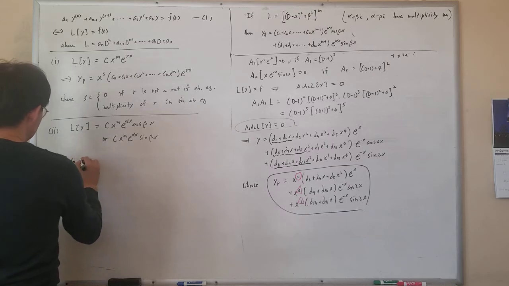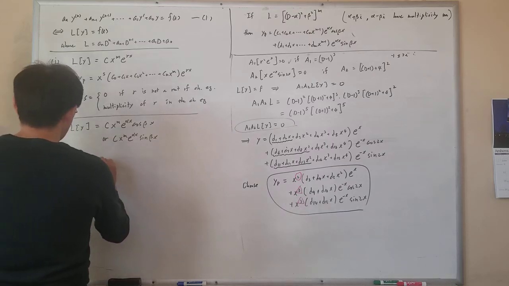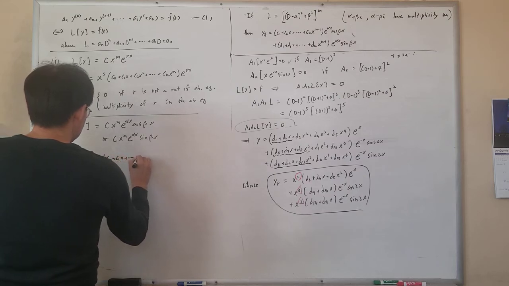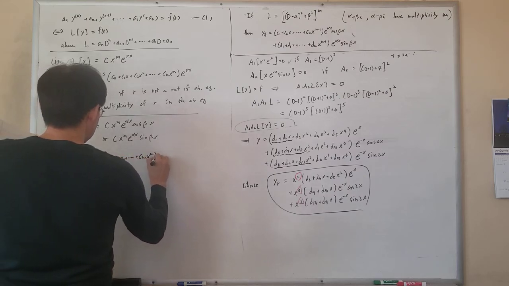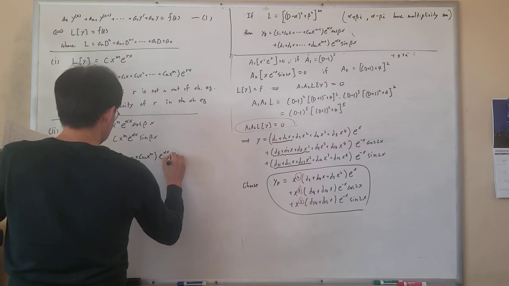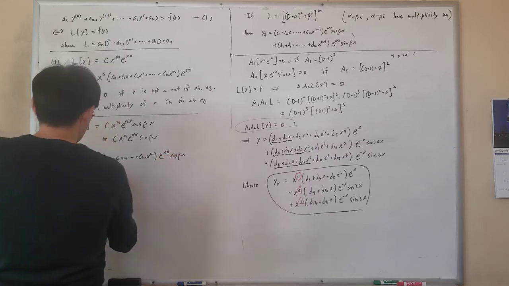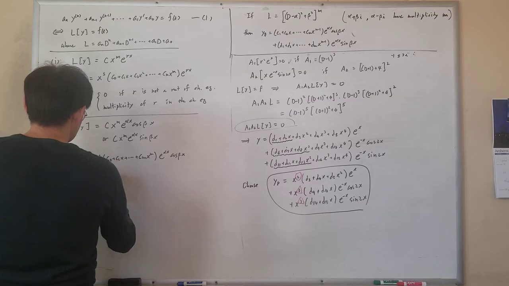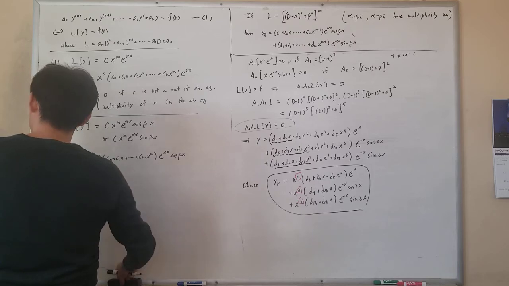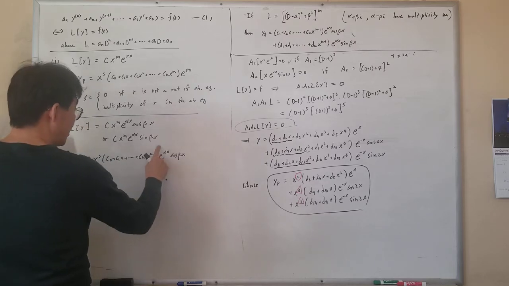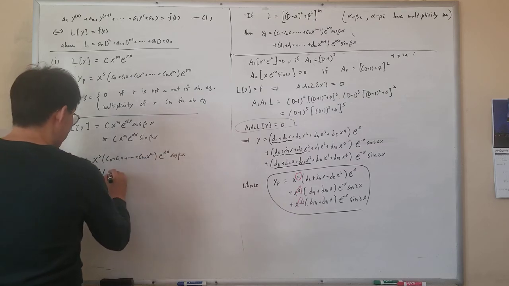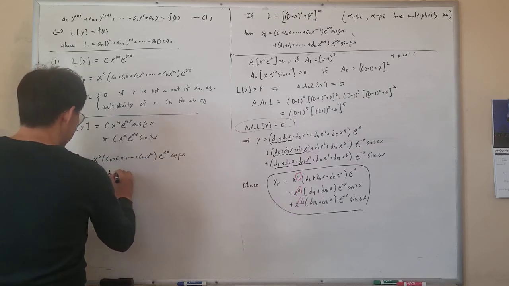Then your particular solution must have x to the s times the polynomial of degree m, e to the alpha x cosine beta x, and sine beta x. You have to have both, not only cosine, because they come together.